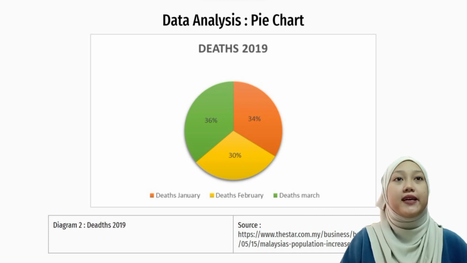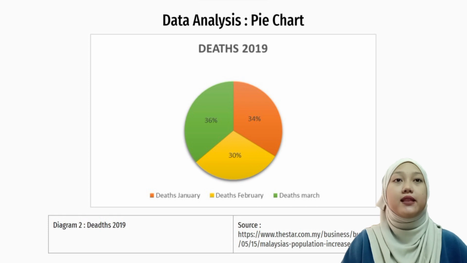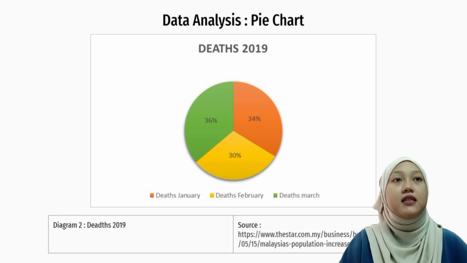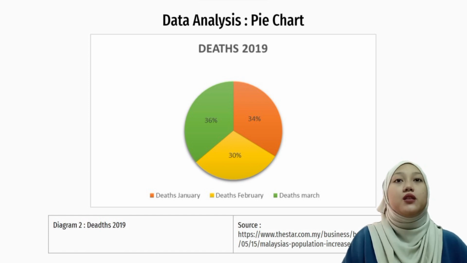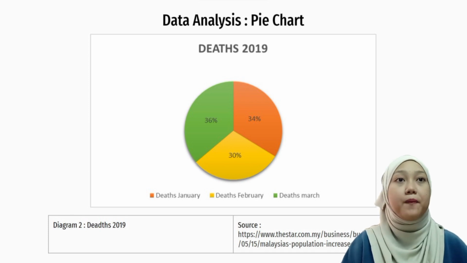This is my second graph, which is pie chart. The title of the pie chart is Death Statistic in Malaysia 2019. Two features of the pie chart is variation in monthly proportions.